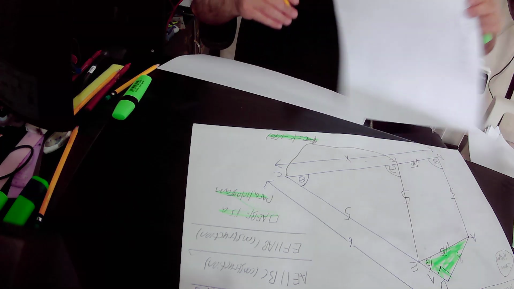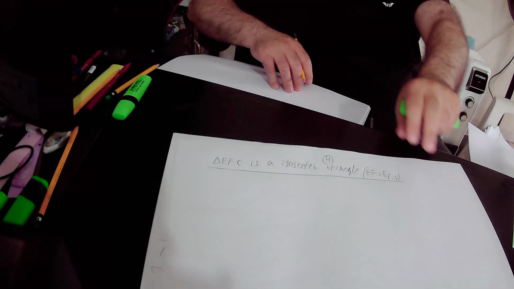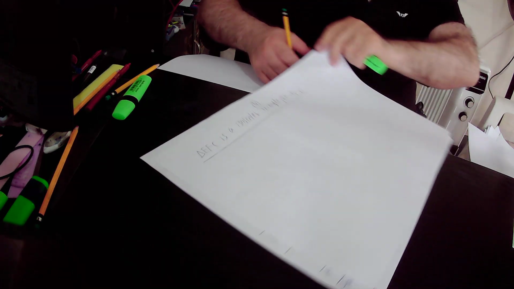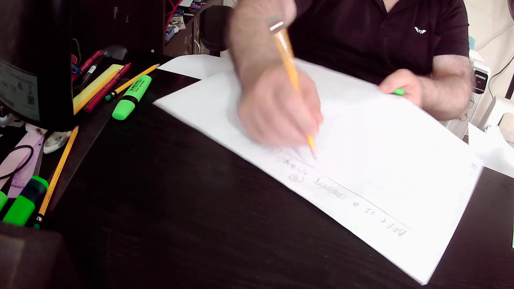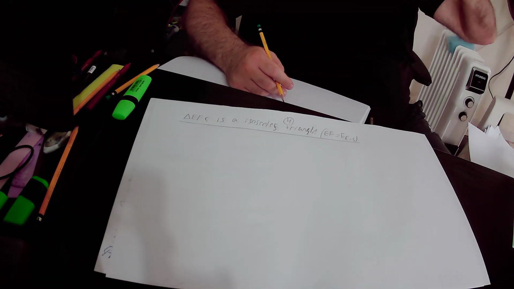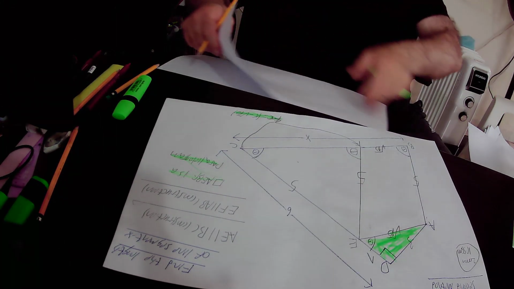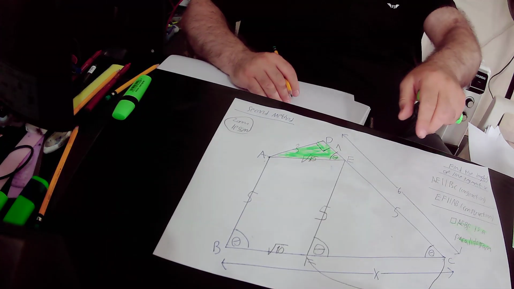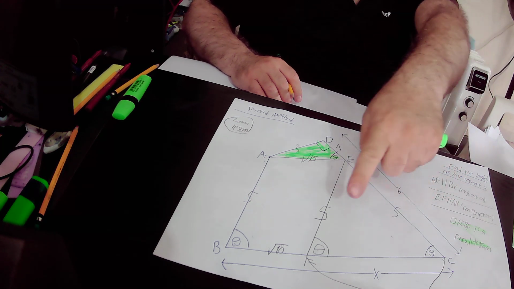I will repeat again that triangle EFC is an isosceles triangle because side EF equals side EC. And the base of the isosceles triangle EFC is FC.